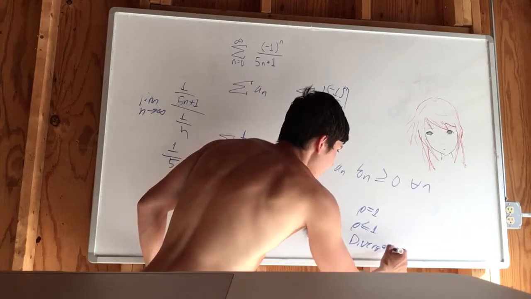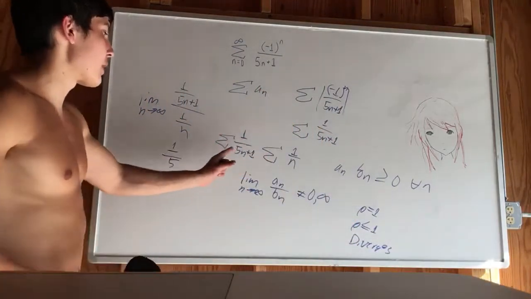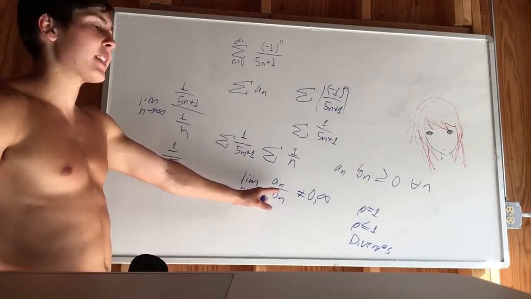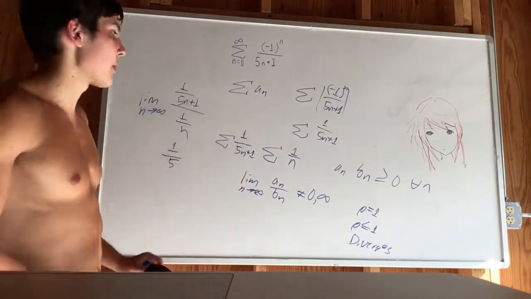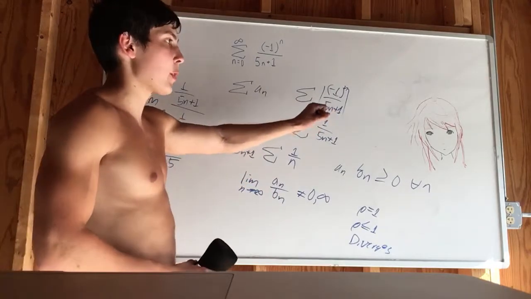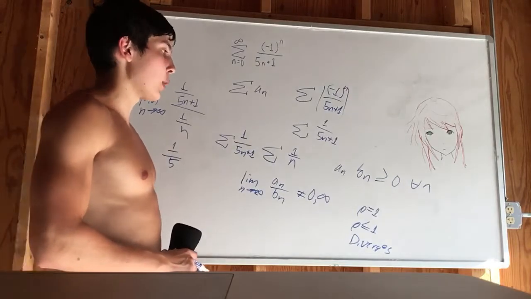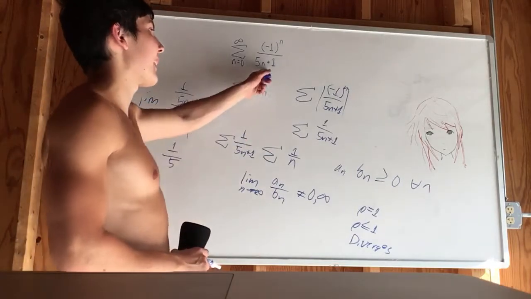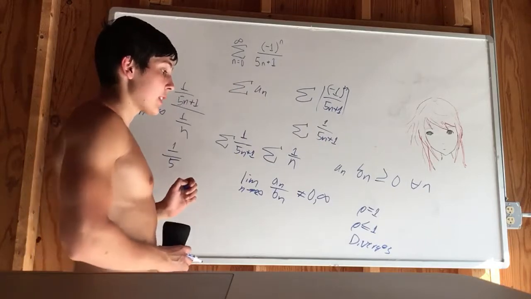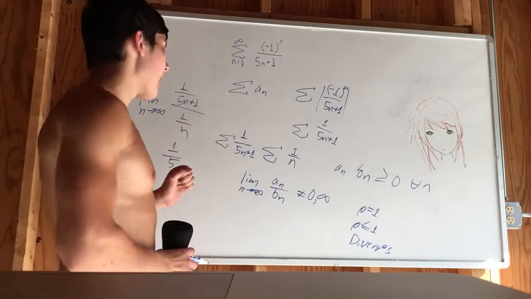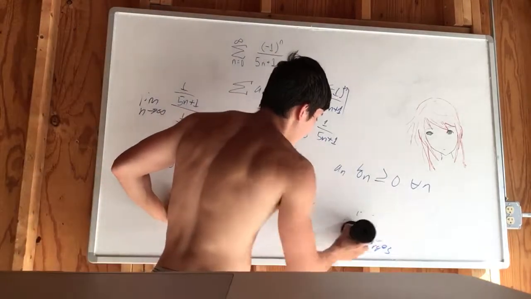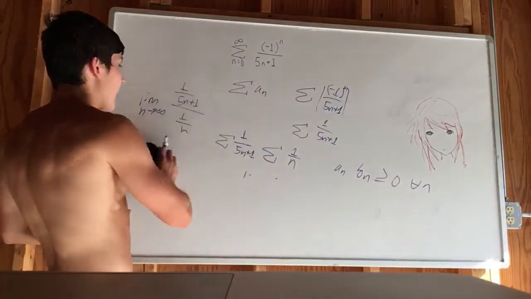So this diverges, and because we used the limit comparison test, our series also diverges. But remember, we're doing the absolute value. So this only implies that it doesn't absolutely converge. It doesn't imply that the entire series diverges, just that it doesn't absolutely converge.